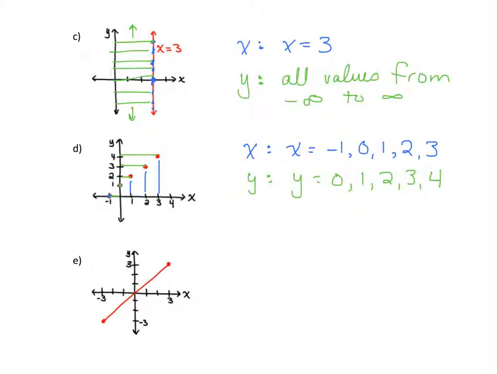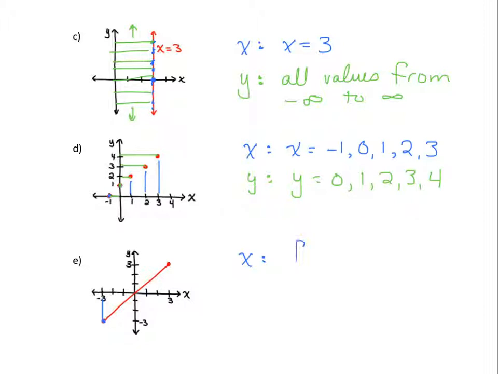For example E, we have a line, but it stops at certain points, so it doesn't go forever in both directions or any direction. The x values included, we want to look at the lowest x value first. So we look at the left side of the line, and we go up, and we see that our lowest x value possible on the line is -3.